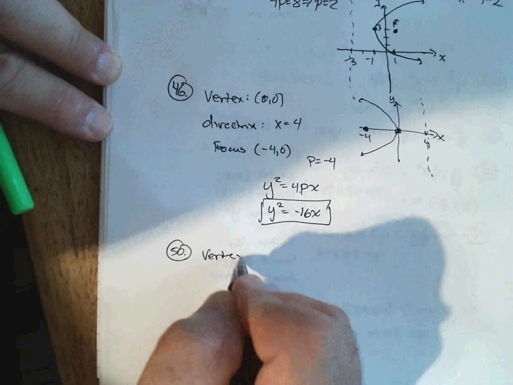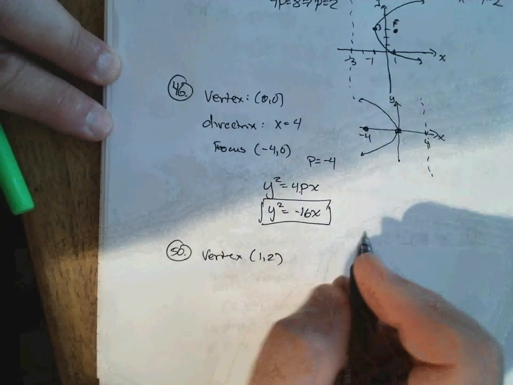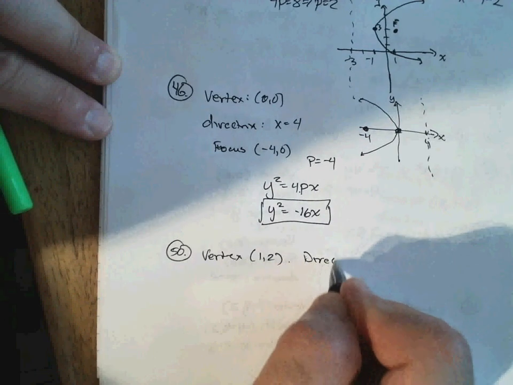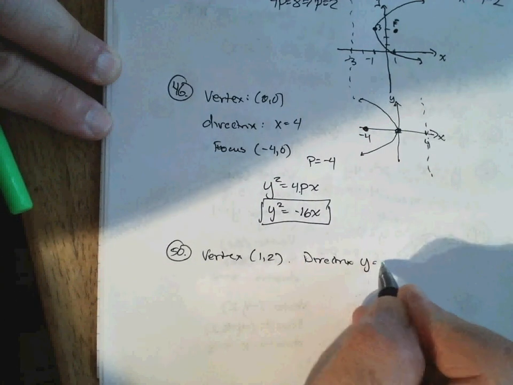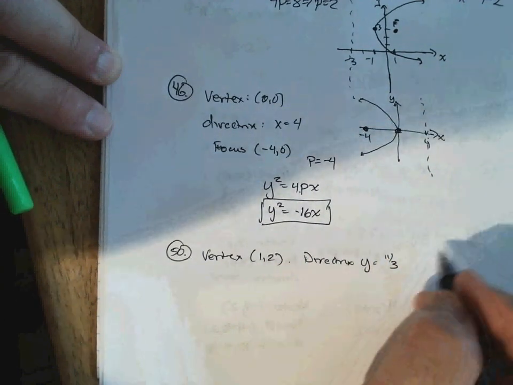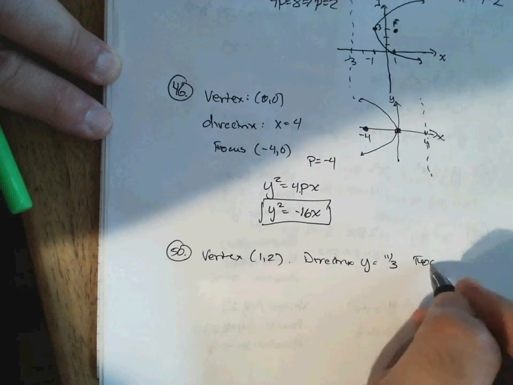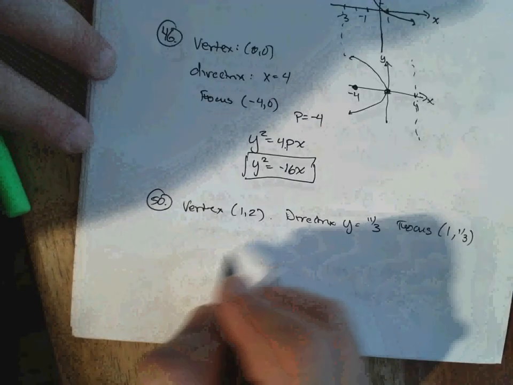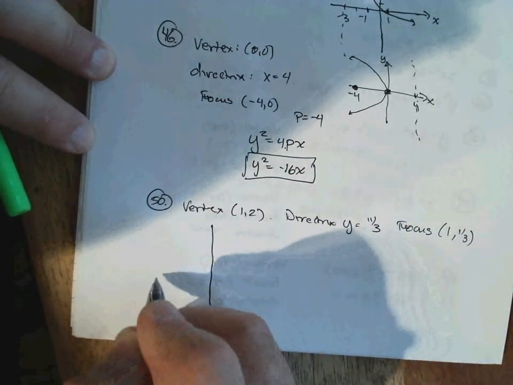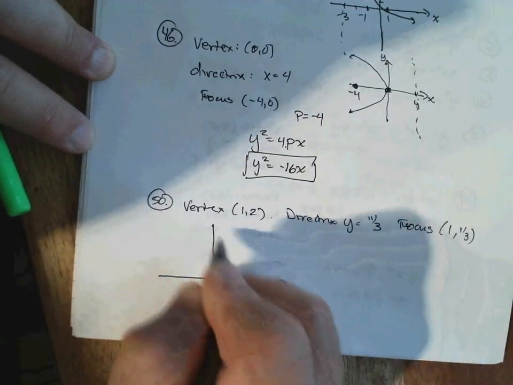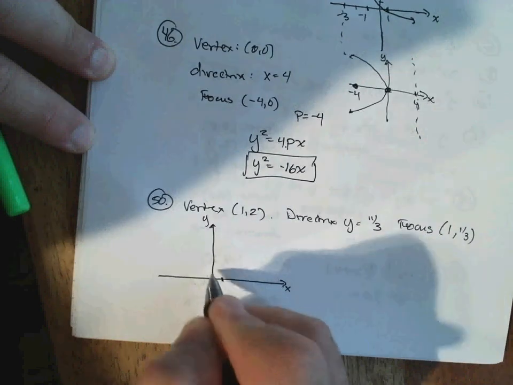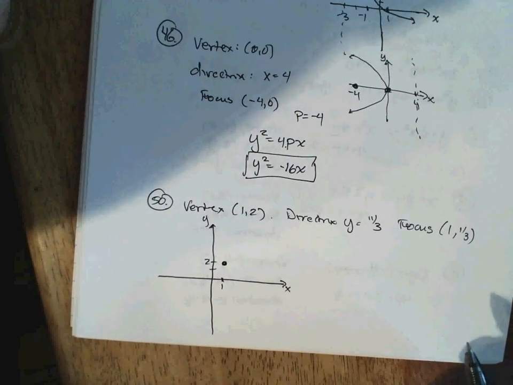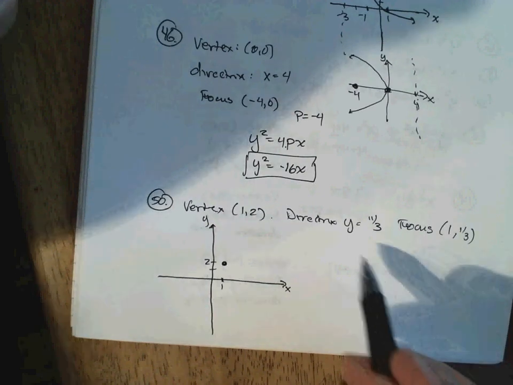All right, let's try number 50. The vertex is 1, 2. The directrix is the line y equals 11 thirds, and the focus is 1, 1/3. So 1, 2.